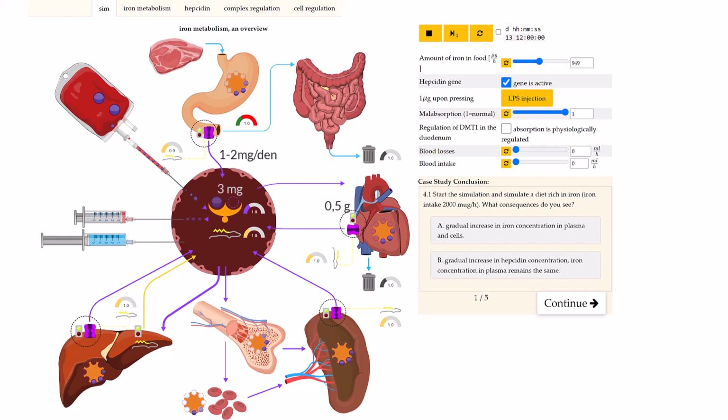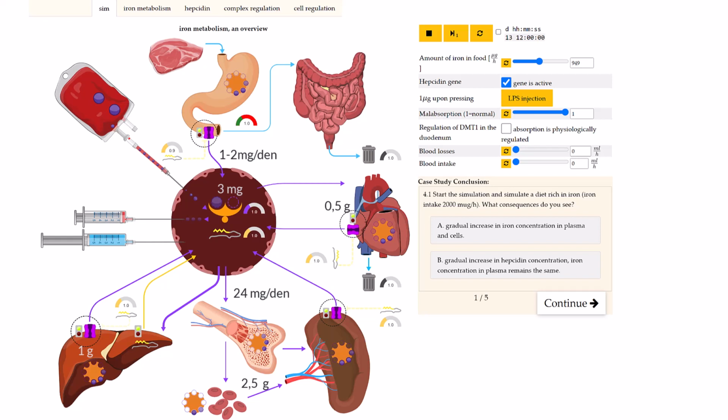The leading mobilizable stores, about 1 gram, are in hepatic ferritin, but the most significant iron content of 2.5 grams is in erythrocytes and in the reticuloendothelial system, where there is also, through erythropoiesis, the most considerable iron turnover, 24 milligrams per day, which can be further increased when erythropoiesis is increased.